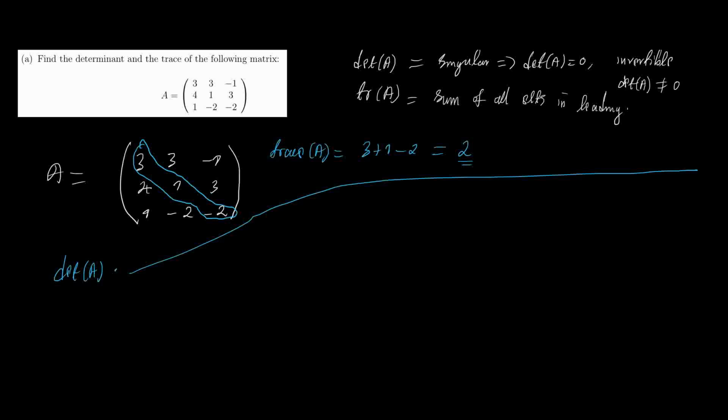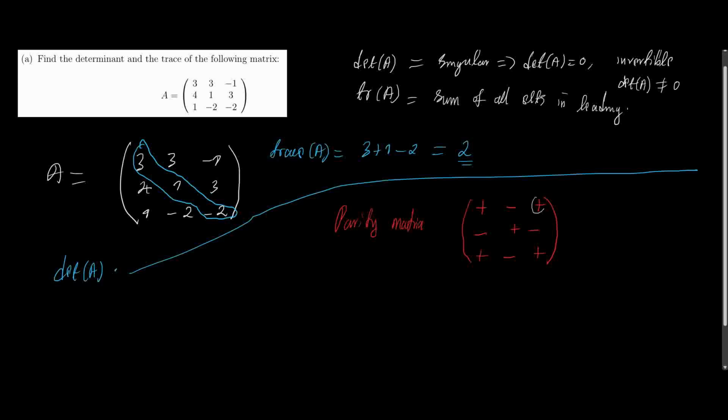To be honest, I don't know if this is the correct name, but we have to follow the parity matrix. So this is a matrix of this form. You need to follow this matrix, meaning that the first row, second column will be negative. The first row, third column will be positive, and so on. So you just need to pay attention to all of these.